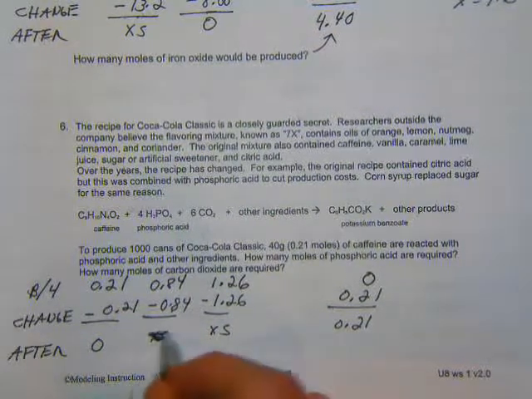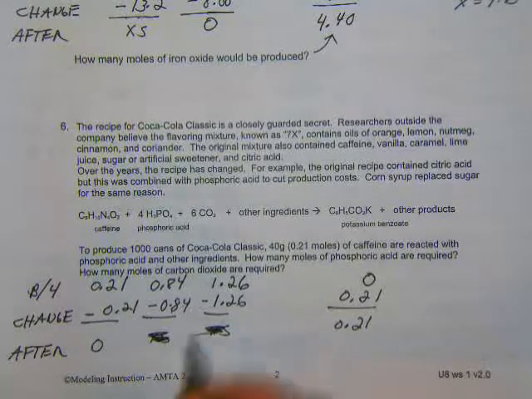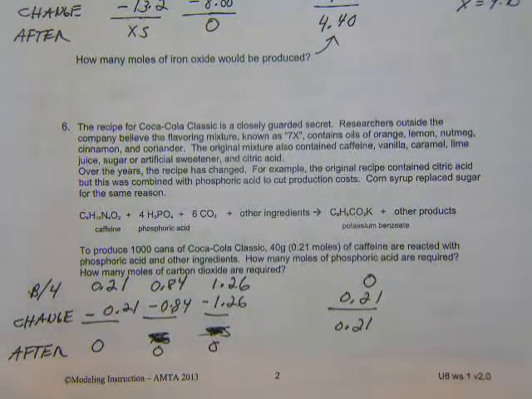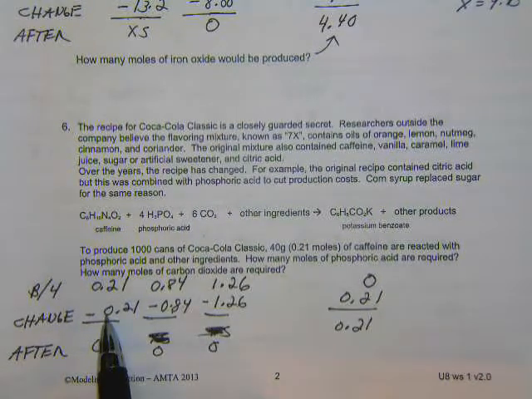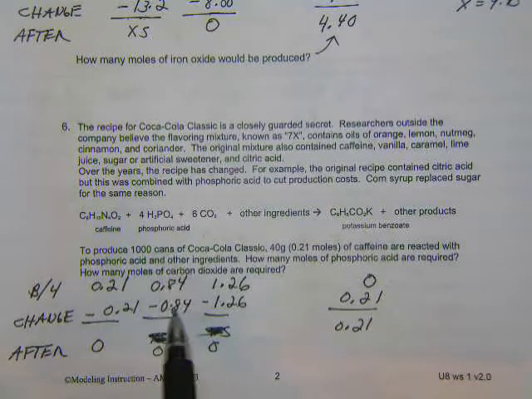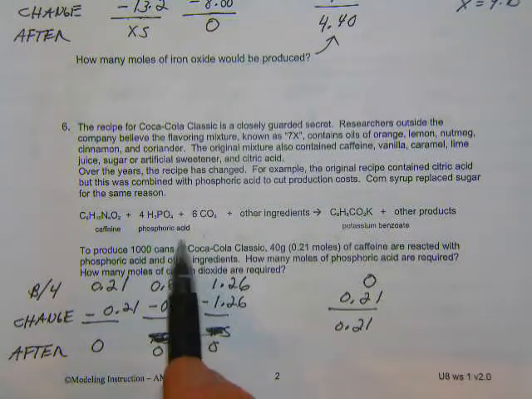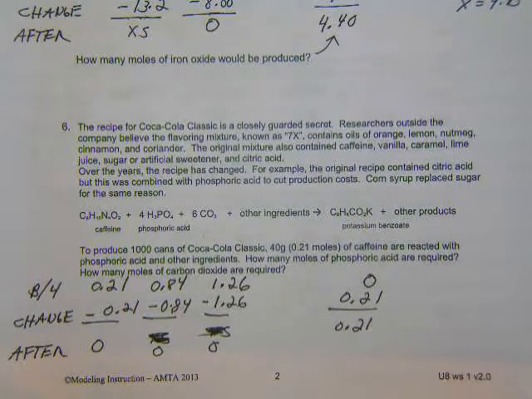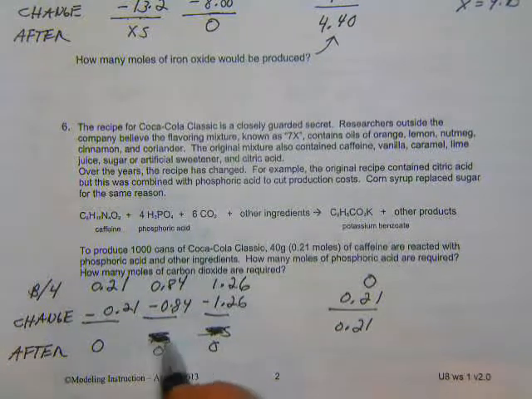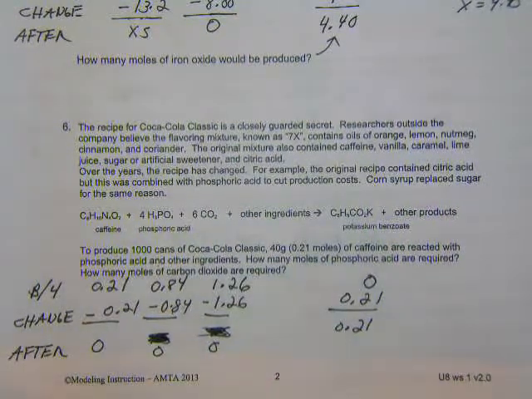This is not going to be in excess, and these are going to be in exact amounts. So for this reaction to take place, we need 0.21 of caffeine, we need 0.84 of phosphoric acid, and 1.26 moles of CO2. So that is that reaction, because they're saying everything's going to completion there. So we won't really have anything in excess here, and it's going to end us up with 0.21 moles of potassium benzoate. So that's the second part of that.